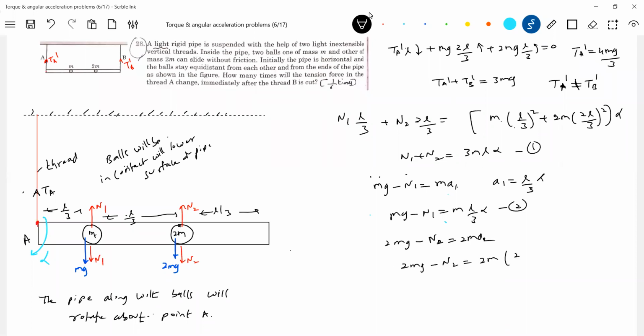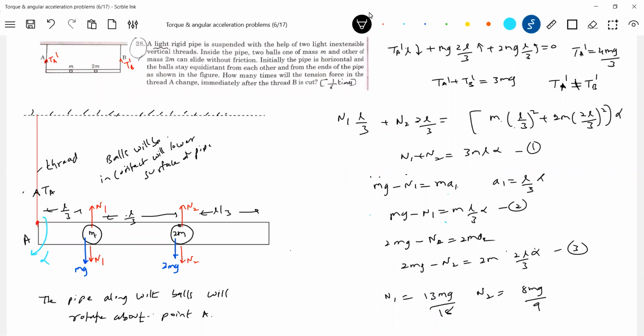A2 is 2L by 3 alpha. Call this equation 3. I'll substitute 2 and 3 in 1, and I'll get the expression for alpha. After getting alpha, I'll get N1 and N2. I did the calculation, so finally I end up with N2 equal to 8 mg by 9.